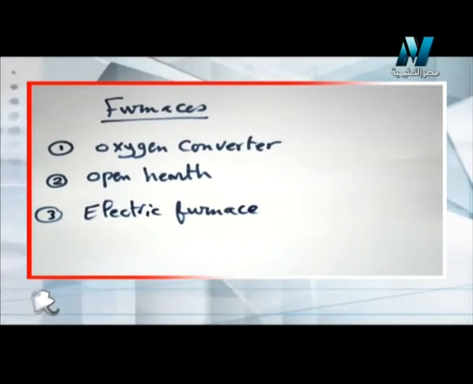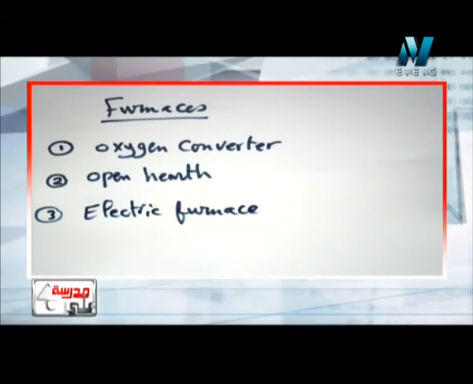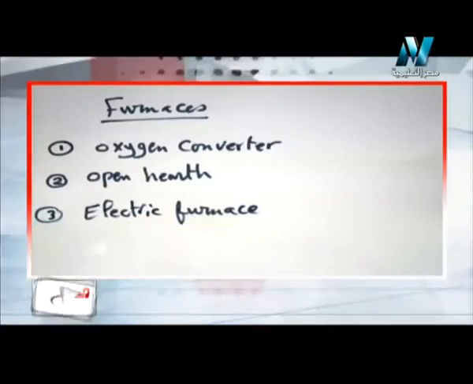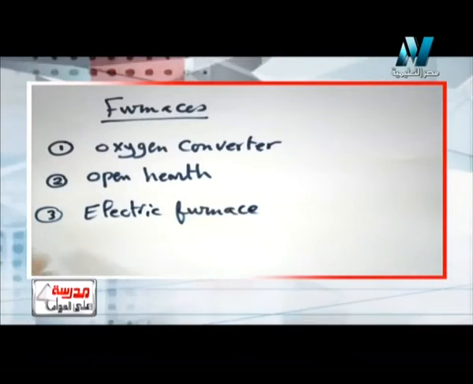In electric furnaces, they use rubbish, broken iron and old iron to convert the iron into steel. These are the three furnaces to get steel.